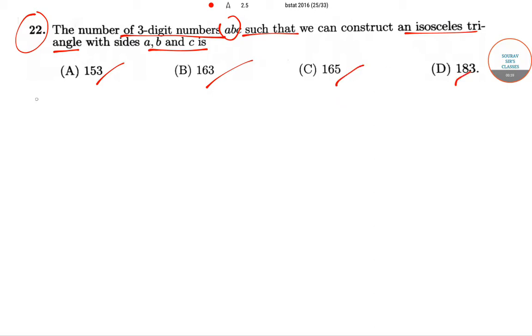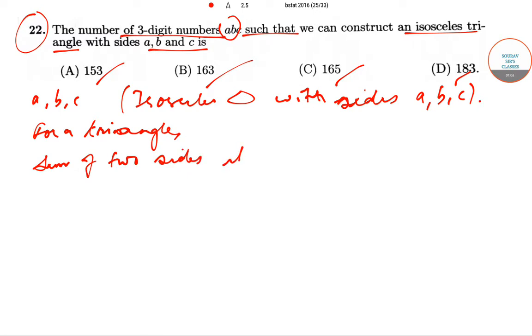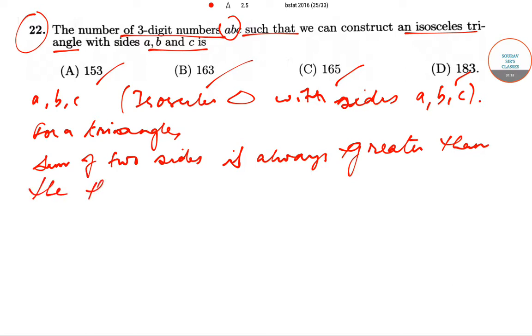So we have been given a 3-digit number ABC, and we need to construct an isosceles triangle with sides A, B and C. Now we know that for a triangle, the sum of two sides is always greater than the third side.